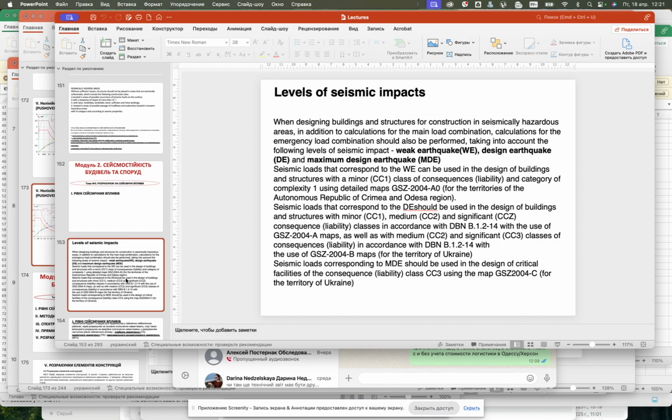After a weak earthquake, we have the ability for immediate occupancy of the building right after the earthquake. When we're talking about the design earthquake, we can return the people and their activities inside the building after various levels of repair.